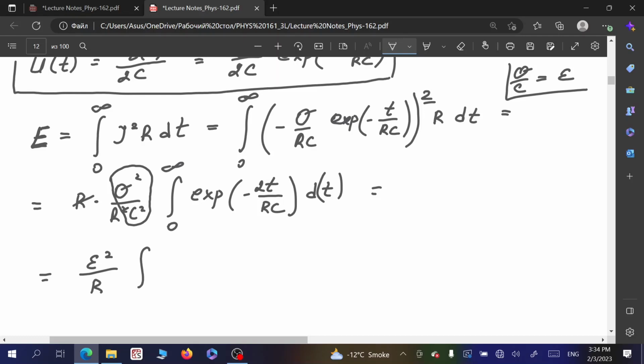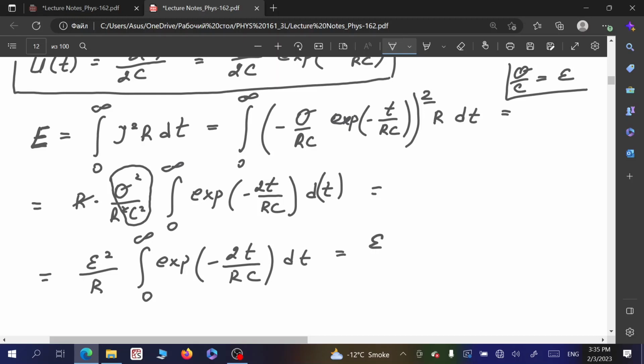And this is our integral, Q over integral from 0 to infinity, exponent minus 2 times t over RC, and here we have dt. So now we integrate this.